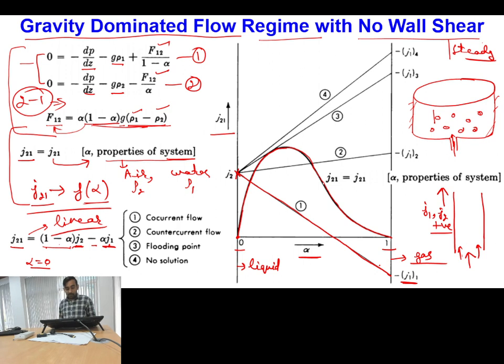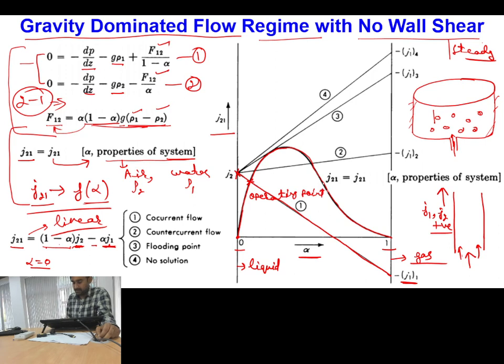Okay. So now this straight line is a function of the inflowing volumetric fluxes, and this particular curve is a function of the nature of the system. Okay. The point at which these two lines intersect is the operating point of the system.